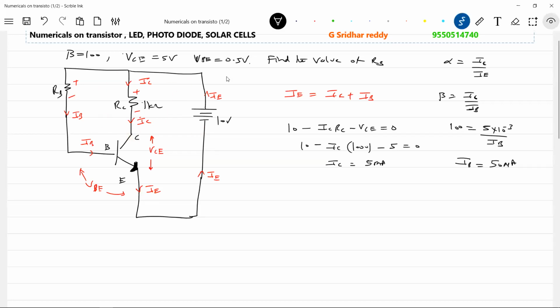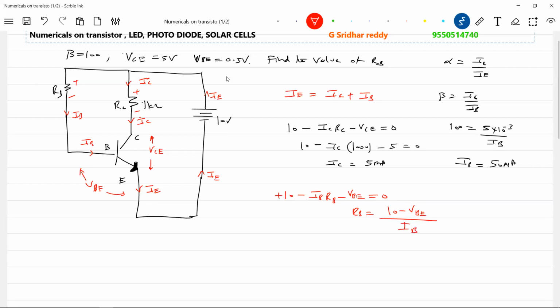So I'm starting from here: plus 10 minus IBRB minus VB, from base to emitter you are moving, VB equal to 0. So the loop equation will be plus 10 minus IBRB minus VBE equal to 0. Do we know RB? RB is equal to 10 minus VBE by IB.